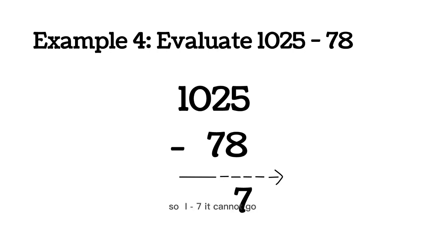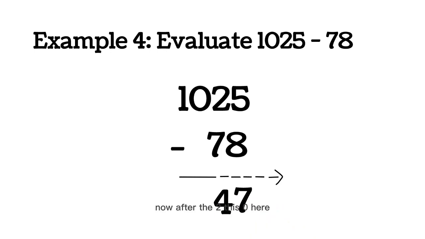So 1 minus 7 cannot go. So we take 1 from here, this one, it now becomes 10. So 10 plus 1 is 11. 11 minus 7 is what? 4.